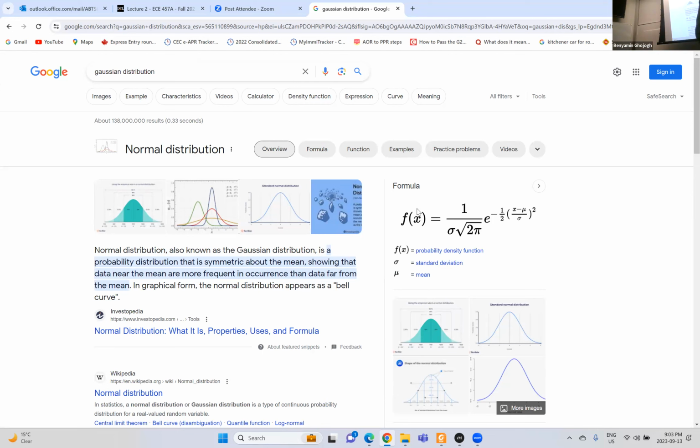So I can say I want my probability to be like a Gaussian distribution. Why? Because the Gaussian distribution is the most famous and commonly occurring distribution in the world. In nature, the most common distribution that you see is the Gaussian distribution. Even the cells in our eyes work like a Gaussian distribution.